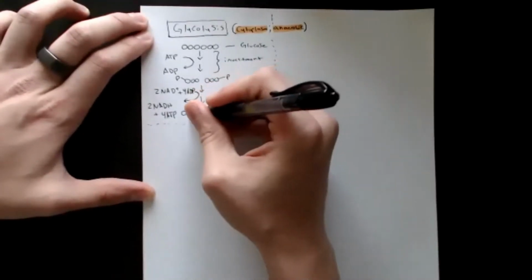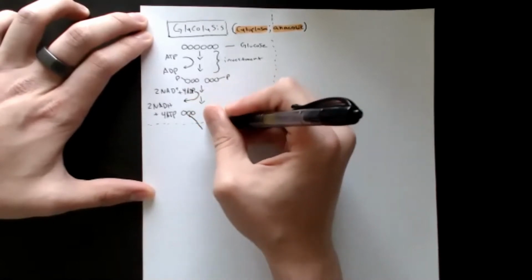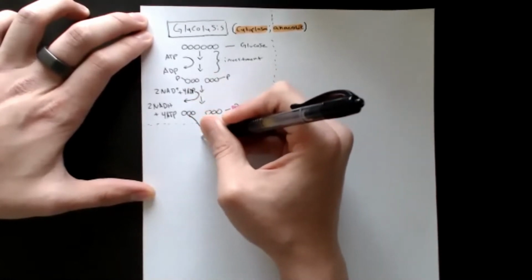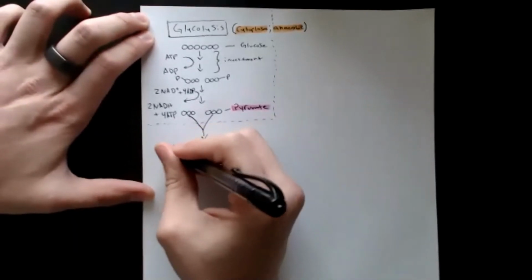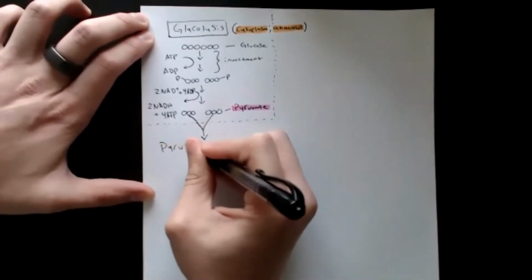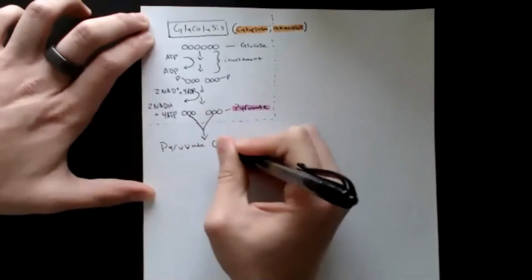So pyruvate, we're assuming aerobic conditions. We're going to feed this into another process called pyruvate oxidation.